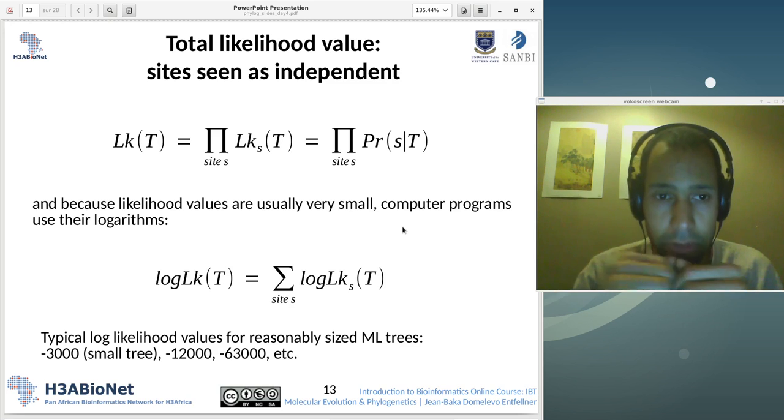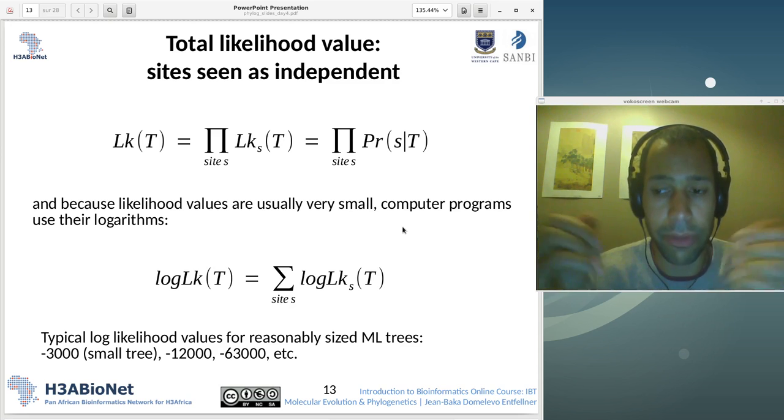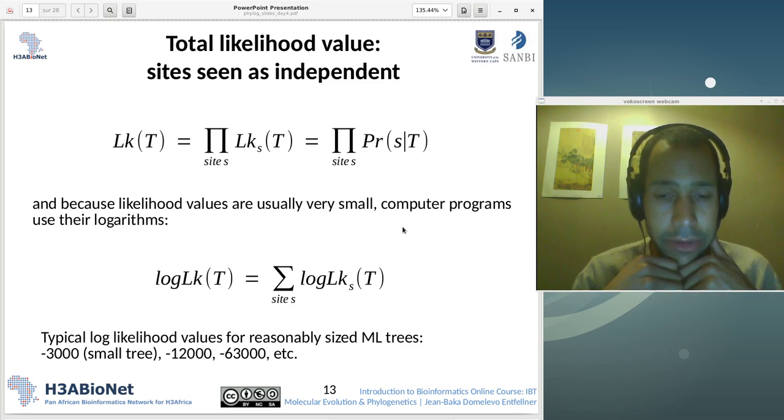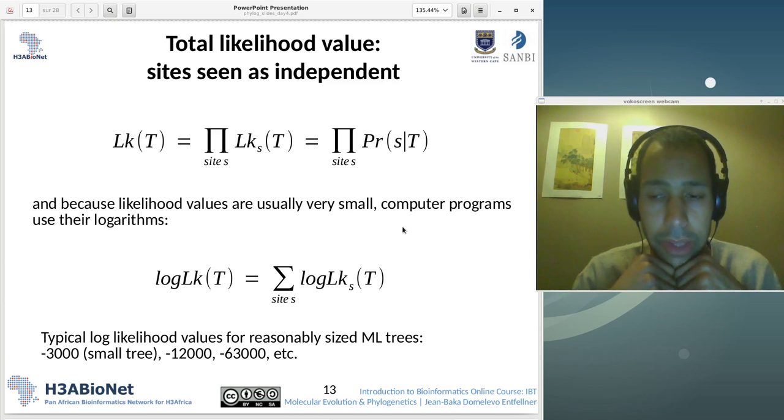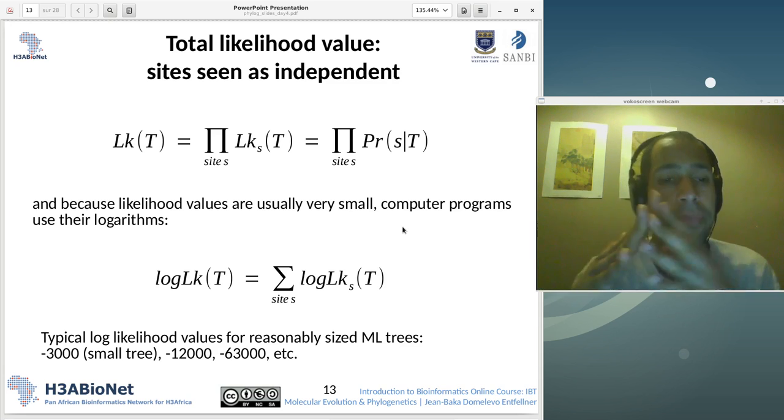So we know this assumption only leads to an approximation, a simplification of the reality, but it works quite well, and it's very useful in order for us to be able to calculate efficiently likelihood values.